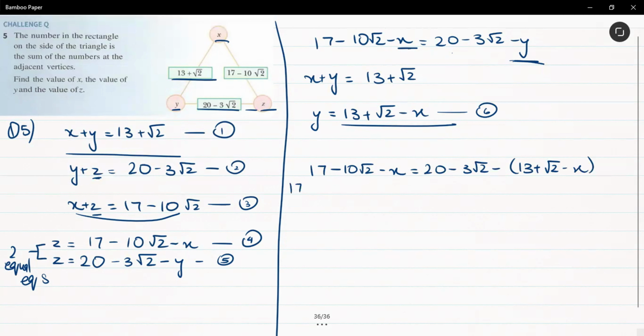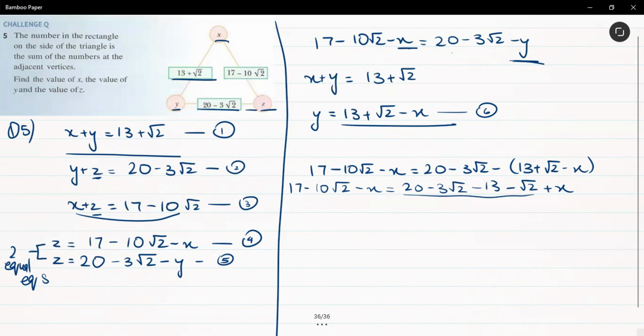Simplify this, I would get 17 minus 10 under root 2 minus x is equal to 20 minus 3 under root 2 minus 13 minus under root 2 plus x. Okay. So the next thing I'm going to do is simplify this side first.